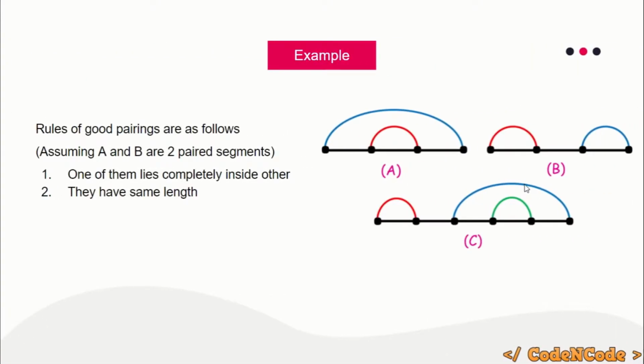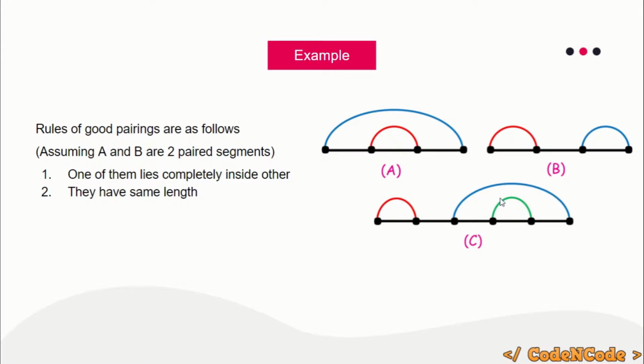Here you see there are three examples. A is a valid pairing, B is a valid pairing, C is not. In A we only have two pairs, and one pair is lying completely inside the other. In B we again have two pairs, blue and red, both of the same length, so these two are good. Now here we have three pairs: blue-red, blue-green, red-green. Red-green is okay because both have the same size.